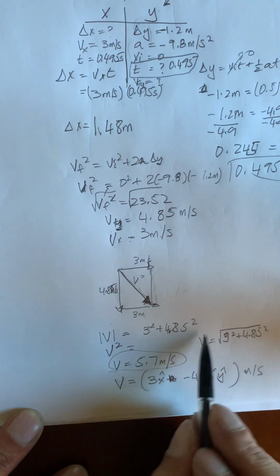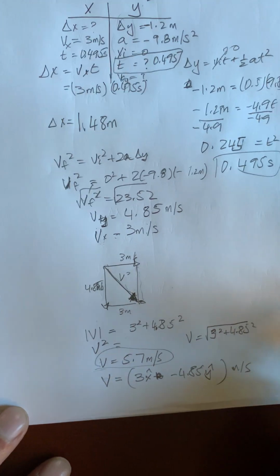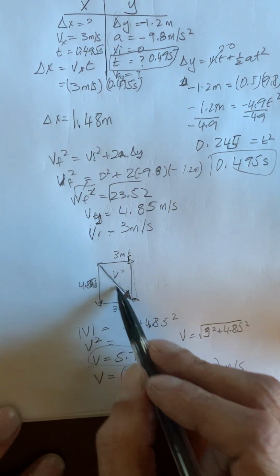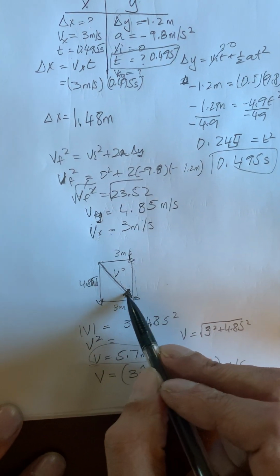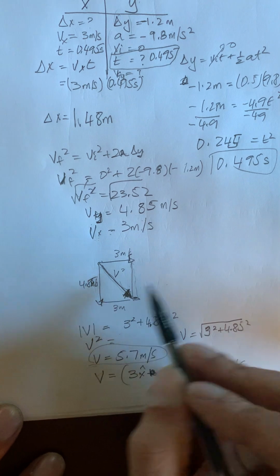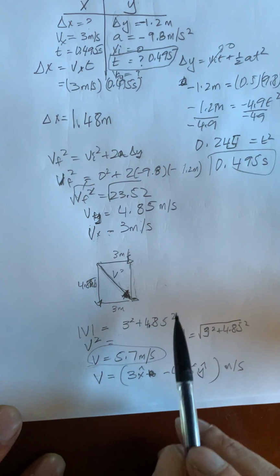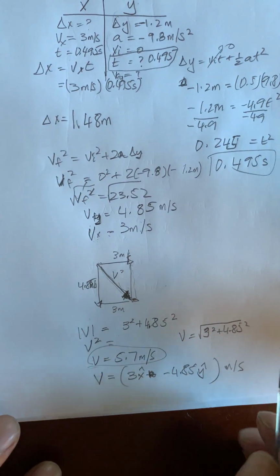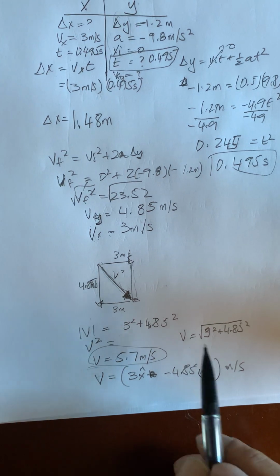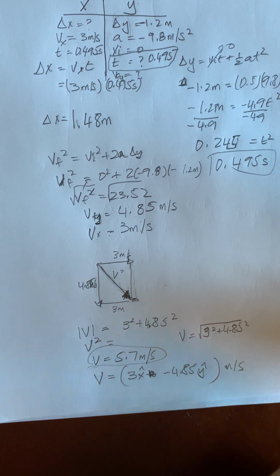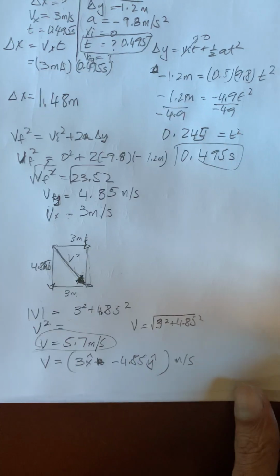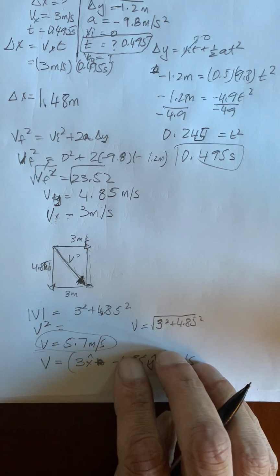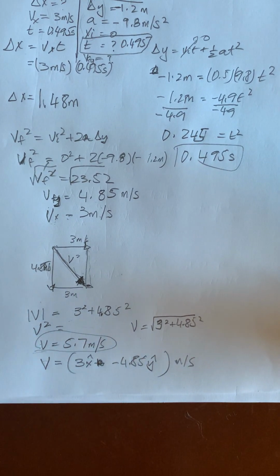I do this Pythagorean on it, and boom, I find the length of this vector, which is really the speed. So you found out that Vx is pretty much the same all the time, and Vy is the one that's changing. All right, I think I might do one more on horizontal projectiles to bring out some important intuition.